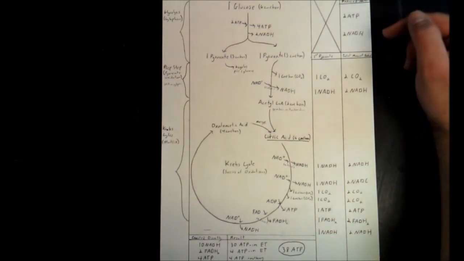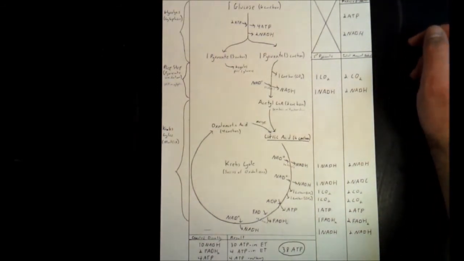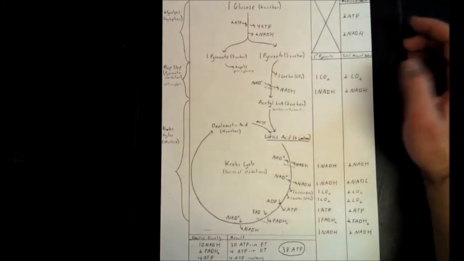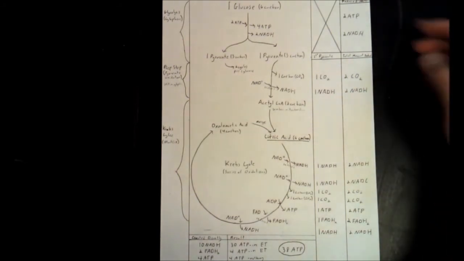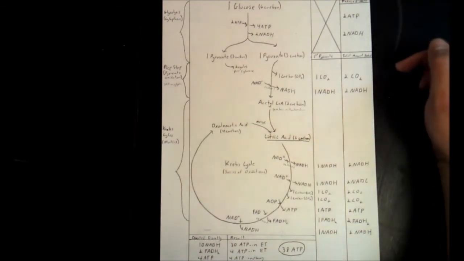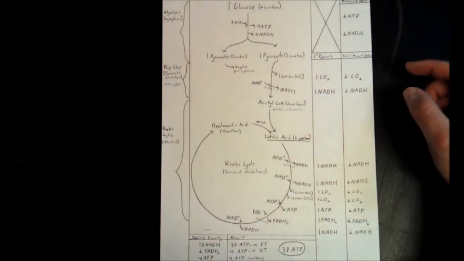Looking at our net production for each of these steps, for glycolysis, which happens in the cytoplasm, we get 2 ATP and 2 NADH. Once we move down into the prep step, because it occurs twice, we're doubling the amount that we get from one single prep step and Krebs cycle. So we're going to get a total of 2 carbon dioxides and 2 NADH from the prep step.